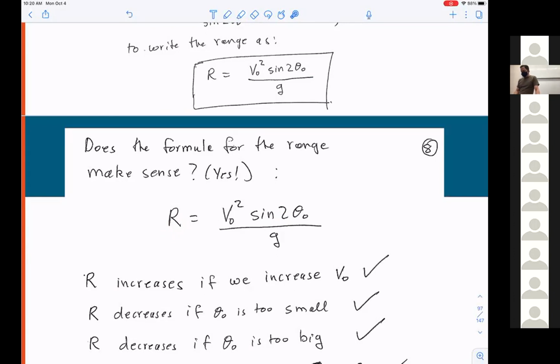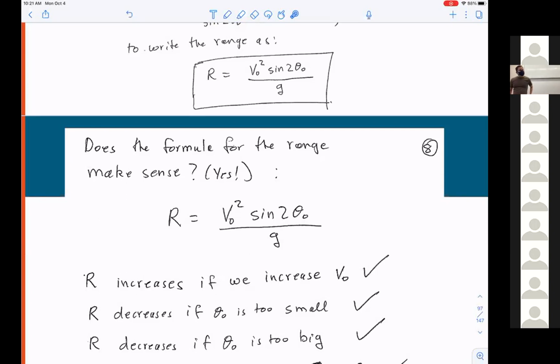That makes sense, because if theta naught is very small, you're shooting the projectile almost horizontal to the ground. You're not giving it enough height, so it's going to run into the ground very quickly. If theta naught is 0, your range is 0. If you launch it parallel to the ground, it's not going to go anywhere. Does that make sense?